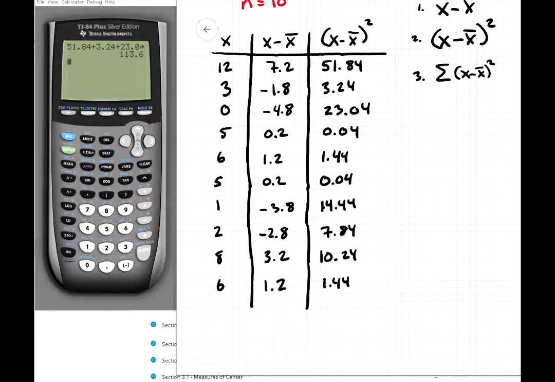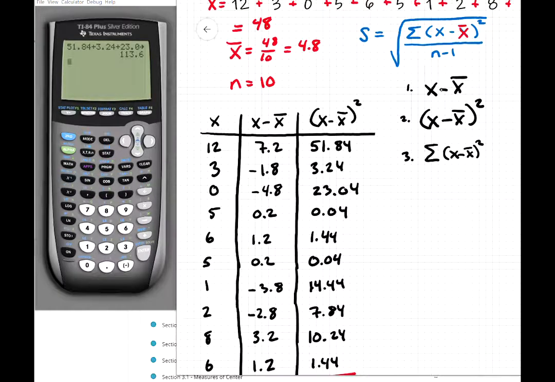All right, so we have added these up and we have 113.6.